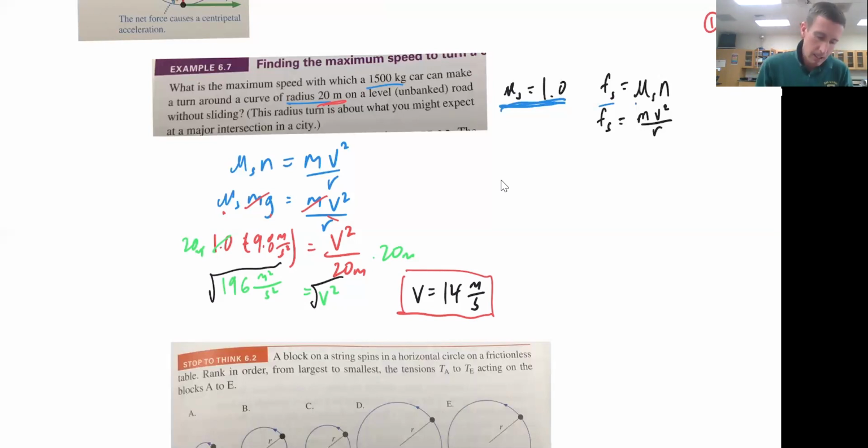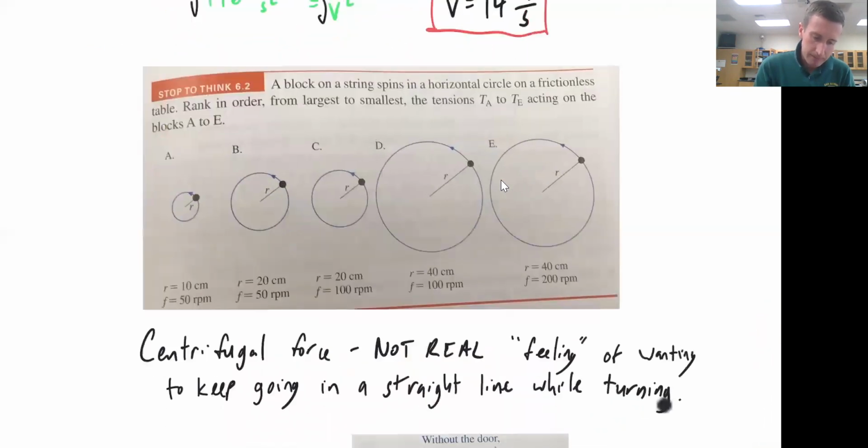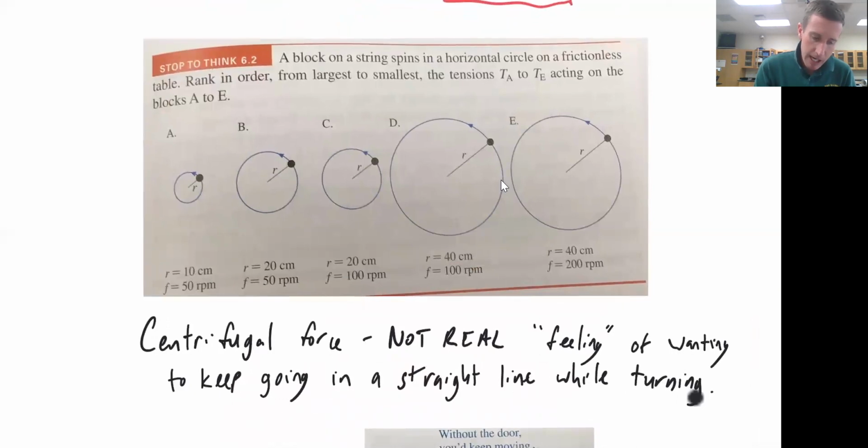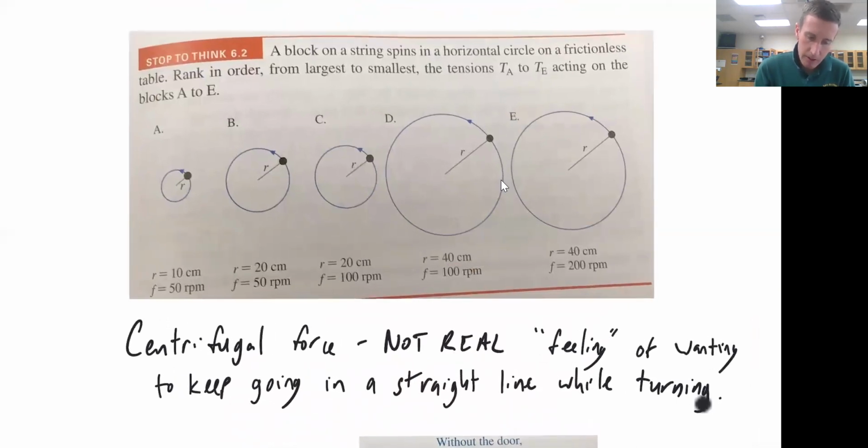All right, let's do another stop and think. A block on a string spins in a horizontal circle on a frictionless table. Rank in order from largest to smallest the tensions acting on the blocks A to E. Okay, these are good.